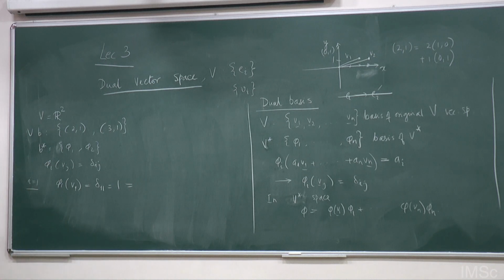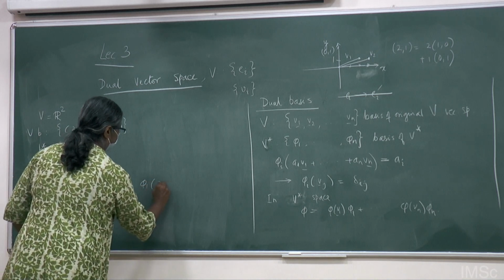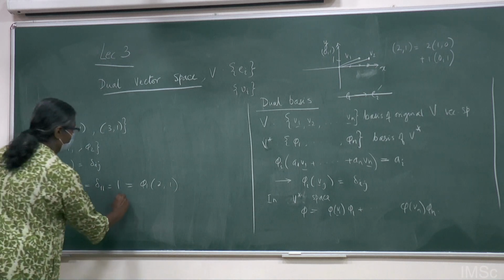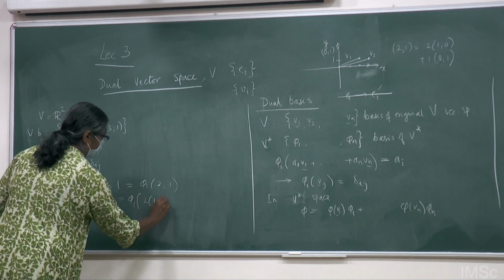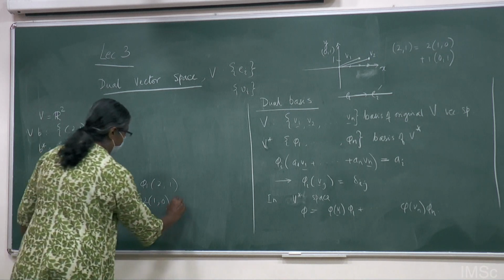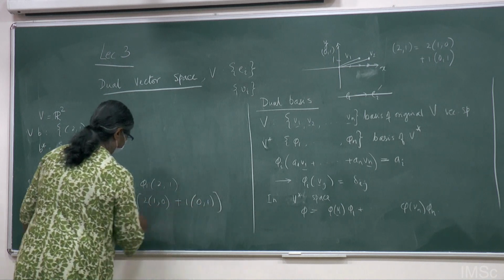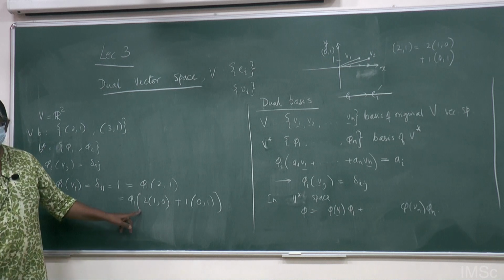What will this be? What is V1? And I can write (2, 1) as 2 times (1, 0) plus 1 times (0, 1). Now we know that this is a proper vector space.